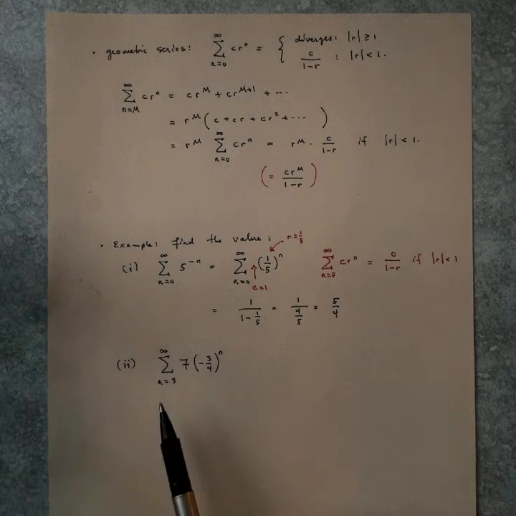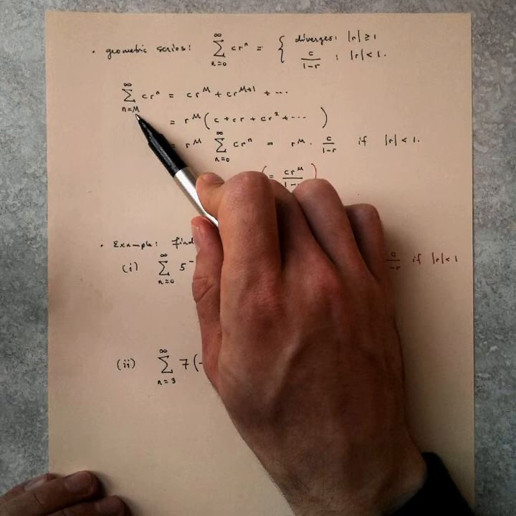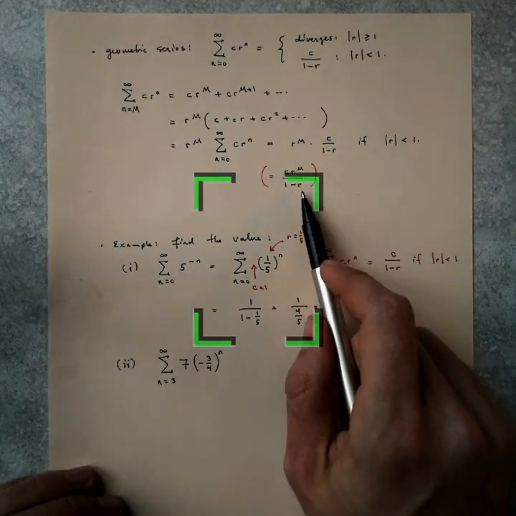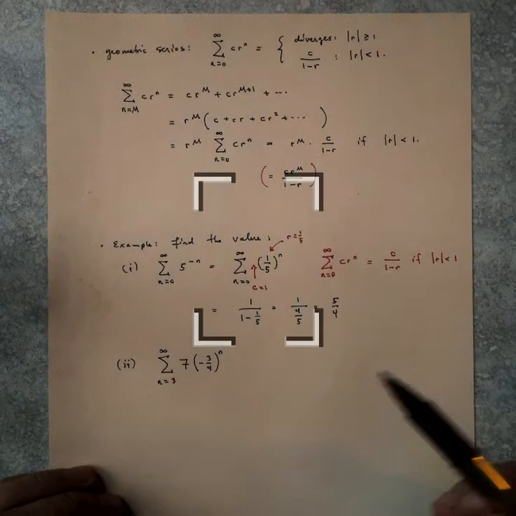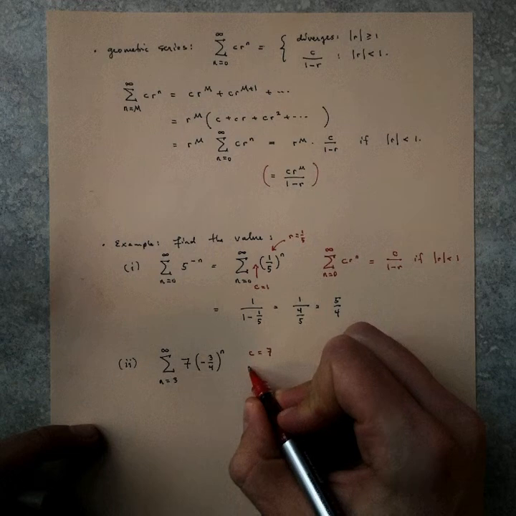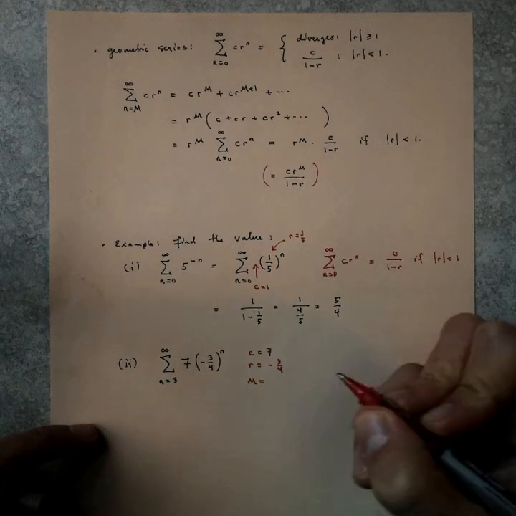Okay, so because I'm starting my sum at something that's not 0, I need to use this formula. Right? So I'm going to apply this. In this case, my c is 7, my r is negative 3/4, and my big M is 3.